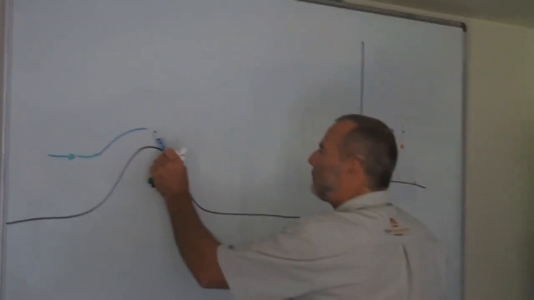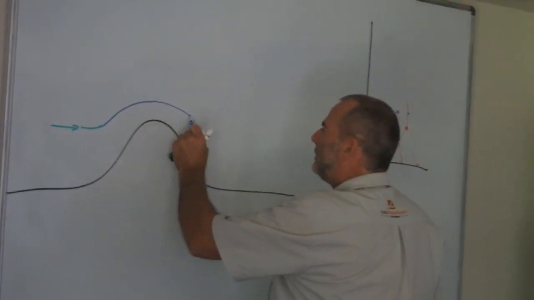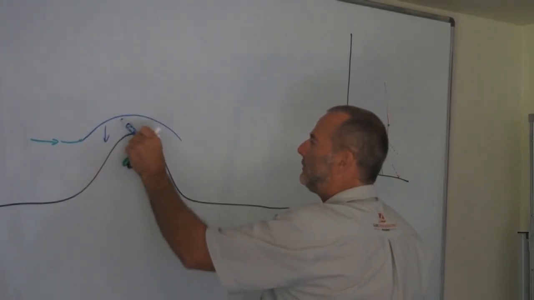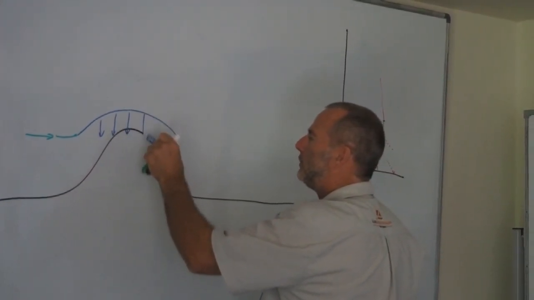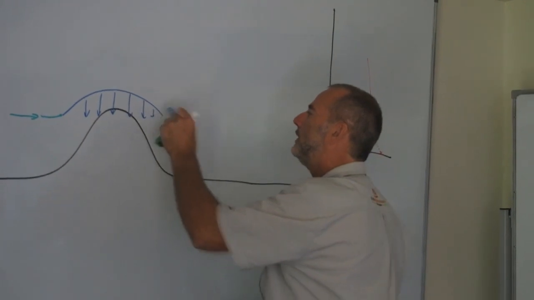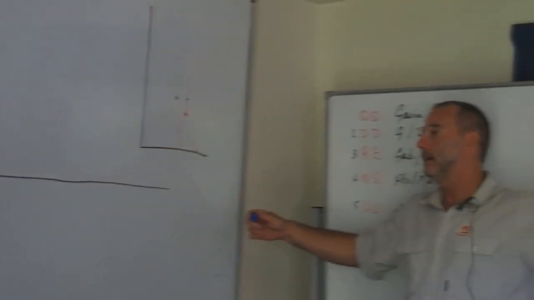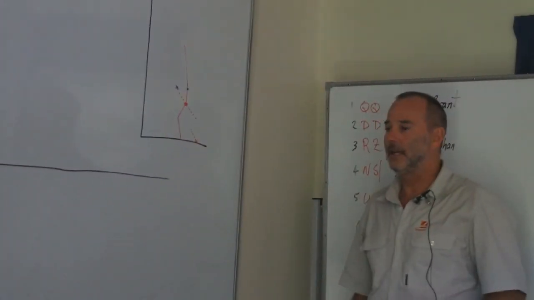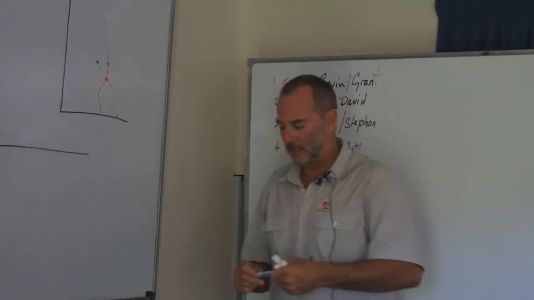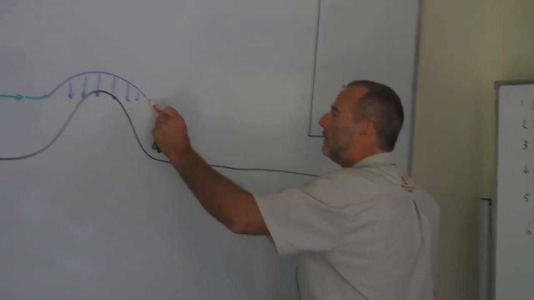So as the air flows across the top of the mountain, having been lifted, there is a restoring force, and that restoring force, which I'll draw in blue because it's cold, it's due to it being colder than the air off the wave train, pulls it back down again. That's the elastic that pulls the air back down again.